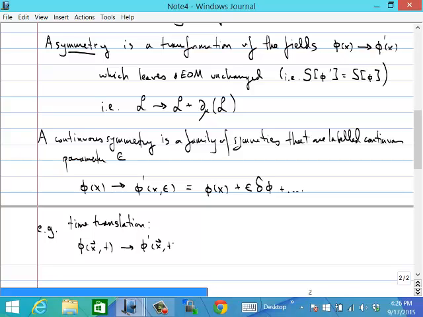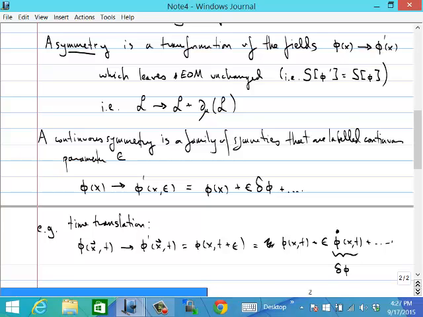So phi prime will be phi of x and t plus epsilon. So here I'm translating an amount in time proportional to epsilon. And then if you take epsilon to be very small, you could Taylor expand and you just get phi of x and t plus epsilon phi dot, plus higher order terms in that Taylor expansion. So in this case, the first order variation of the field is just phi dot.